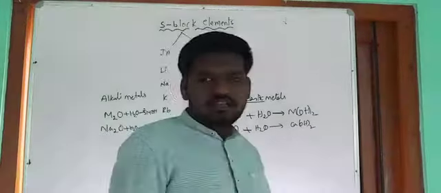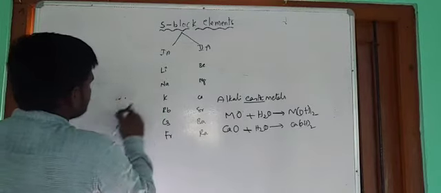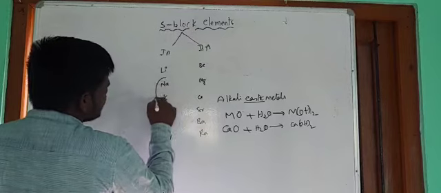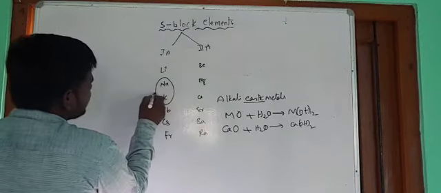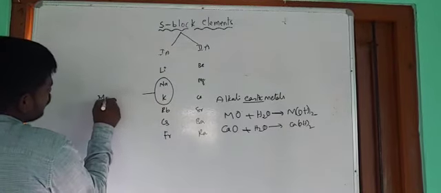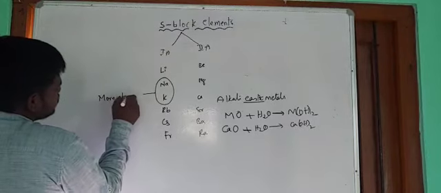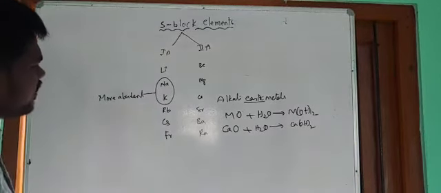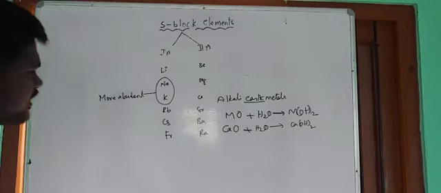Okay. Next one, in first A group elements, potassium and sodium both, these two are more abundant elements. The availability of these elements is very high, and the rest of the elements' availability is very low. They are low abundant elements.